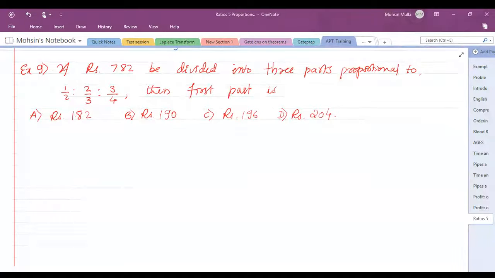Okay, very good. Many of you have already got the answer. Option D. See, I'm telling you, simply don't type it. If you are solving, then only you type.